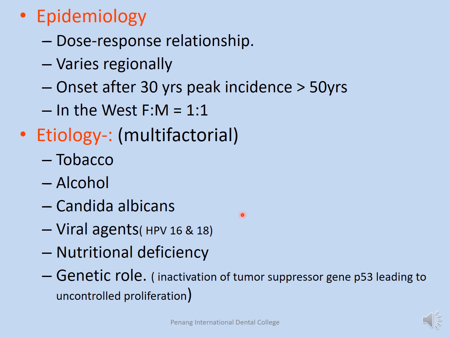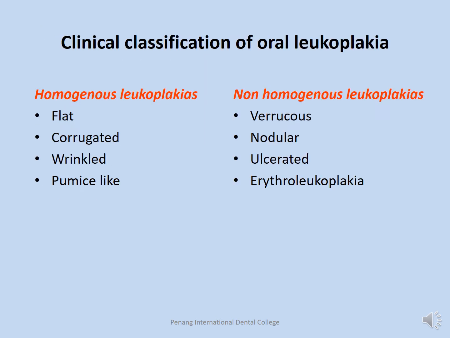Viral agents such as HPV 16 and 18 are also considered to be an etiology. Nutritional deficiency and genetic role has also been identified. So as you notice, leukoplakia is multifactorial.